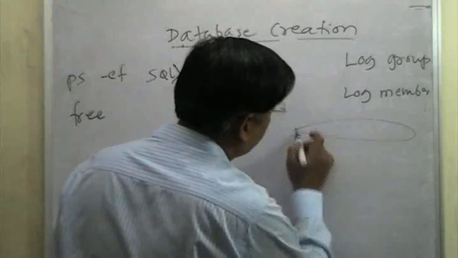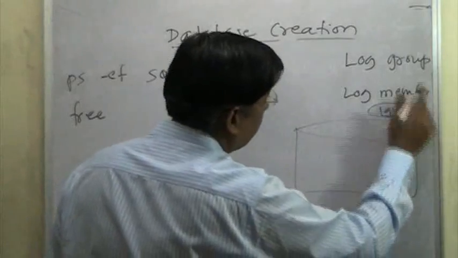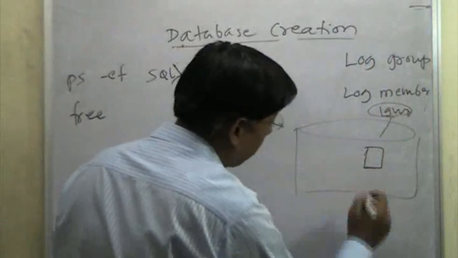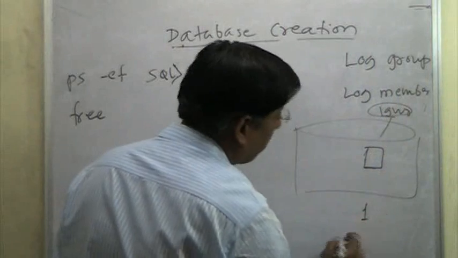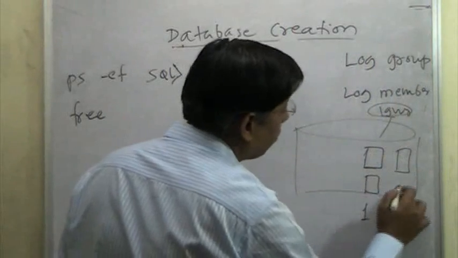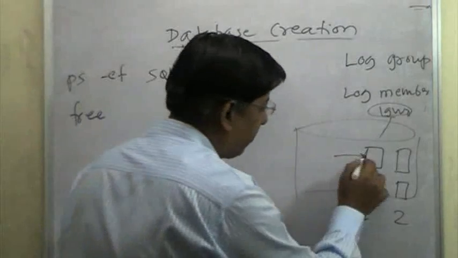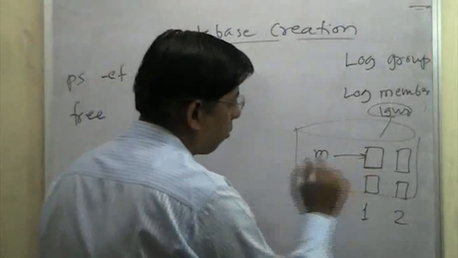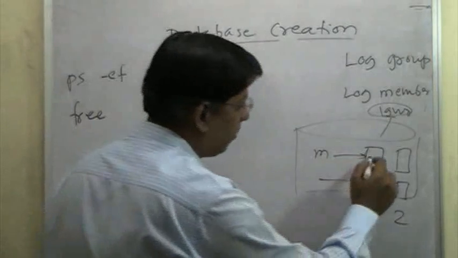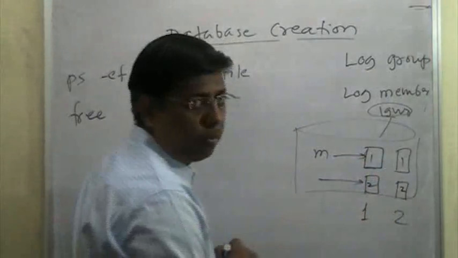So in our database diagram here, let us say this is the LGWR process which is writing from this. First it will write to this one, this is called a log group, let us say group number 1, and this is log group number 2. Why is it called a group? Because if you do the multiplexing, then it is called a group. So this will be the first member of log group 1, this will be the second member of log group 1, this will be the first member of log group 2 and second member of log group 2.